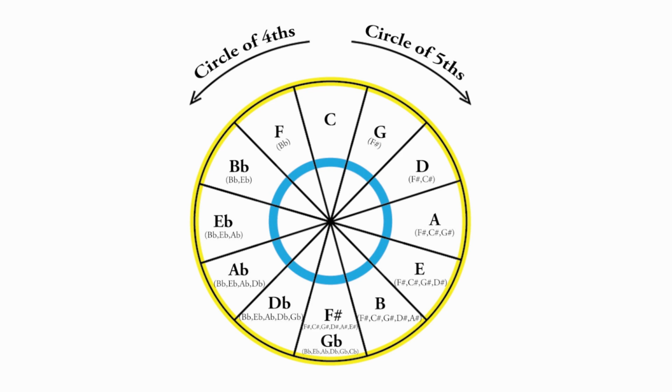Keys a fourth apart, the inverted fifth, move counterclockwise with each adding a flat accidental. This key wheel connects all the major scales to one another. As the wheel turns, the neighboring key adds or deletes accidentals, sharing all but one note with its neighbor, eventually returning to the starting point of C. This is also referred to as the circle of fourths and the circle of fifths.